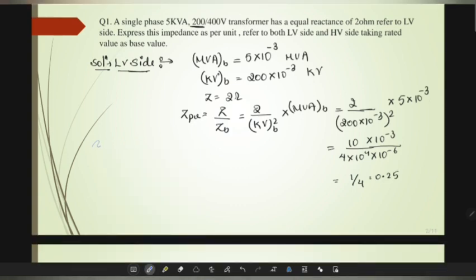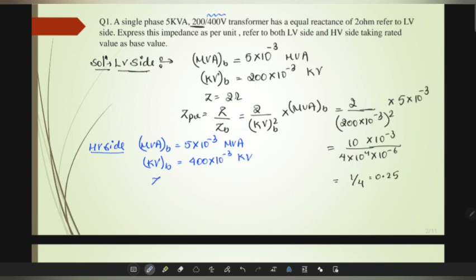What will be the per unit impedance if we refer to the HV side? The MVA base value will be the same, that is 5 into 10 to power minus 3 MVA. What will be the kV base? We are taking the secondary side, the high voltage side, so the kV base will be 400 into 10 to power minus 3 kV.